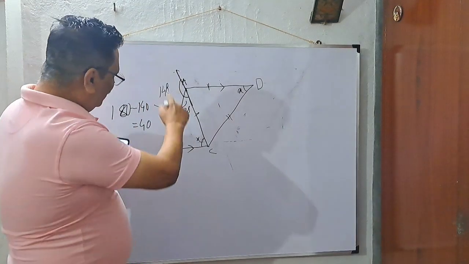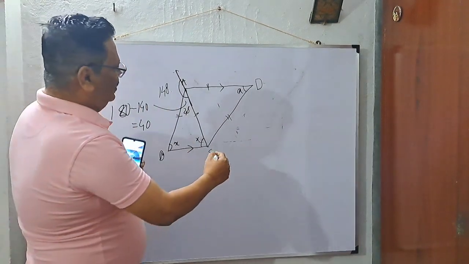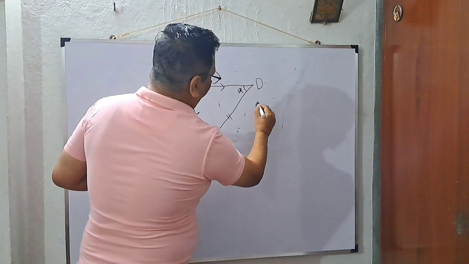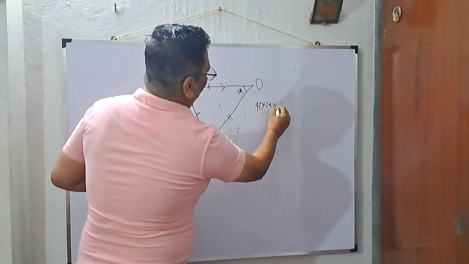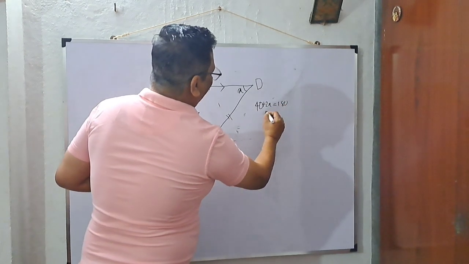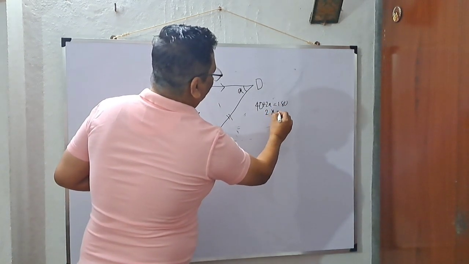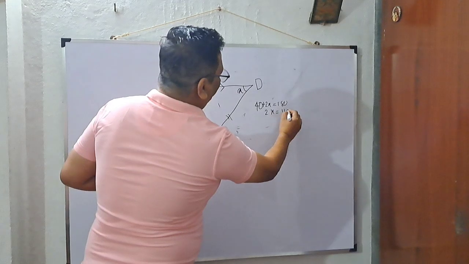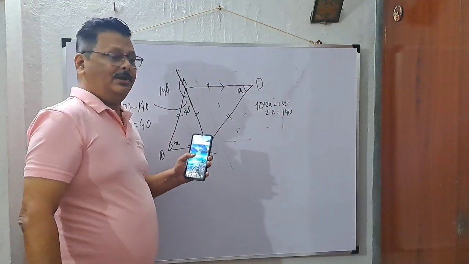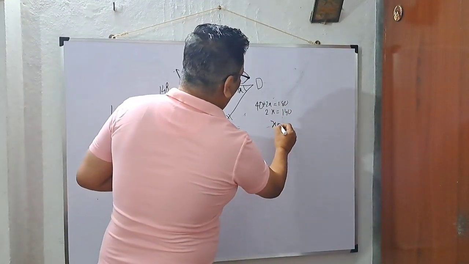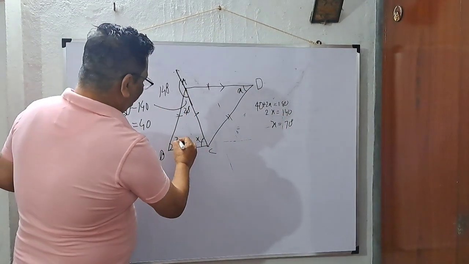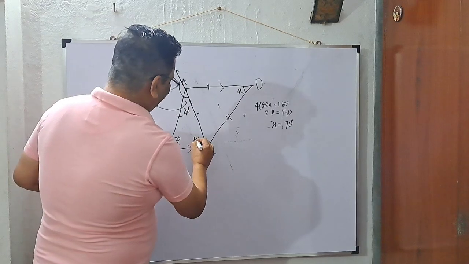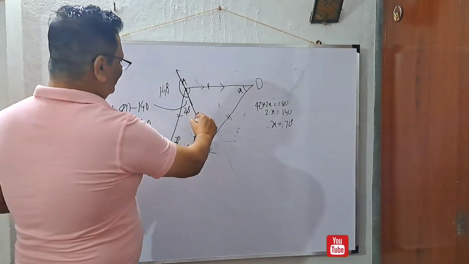By applying the angle sum property, we can write 40 plus 2x is equal to 180. That gives 2x is equal to 140, and x is equal to 70 degrees. So we get this also 70 degrees and this also 70 degrees. Now this is a transversal.